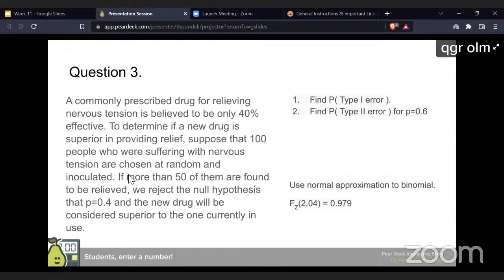First you have to decide your alternative hypothesis, your test statistic, and your test. Then find your type 1 error and then your type 2 error for P equal 0.6. There is also a hint given here: use normal approximation to binomial.